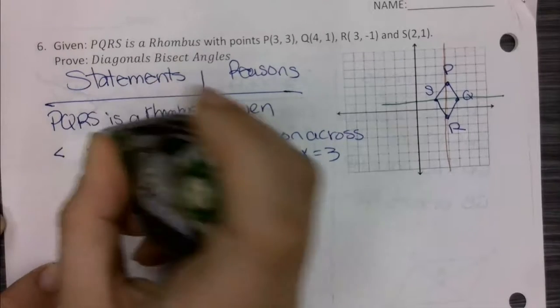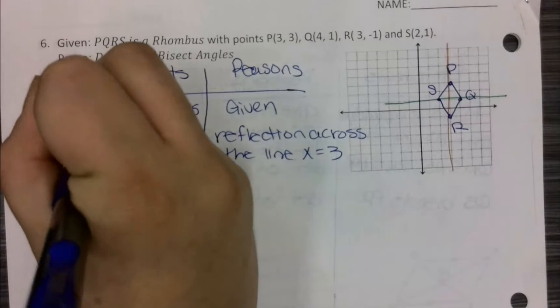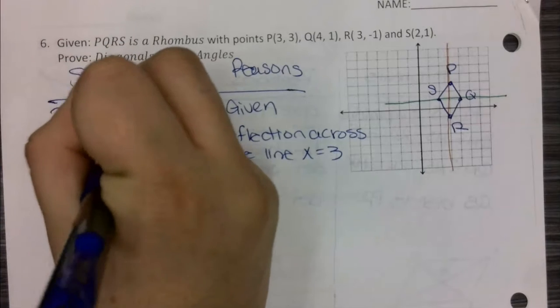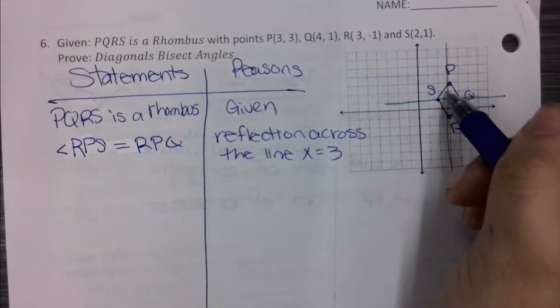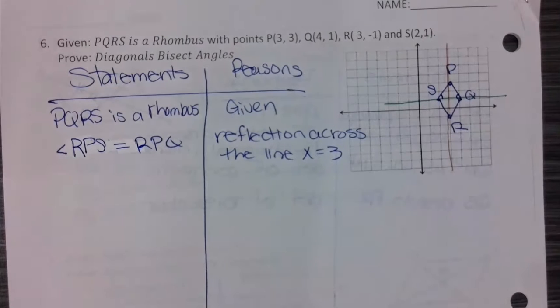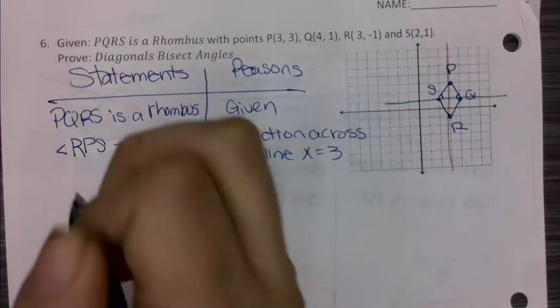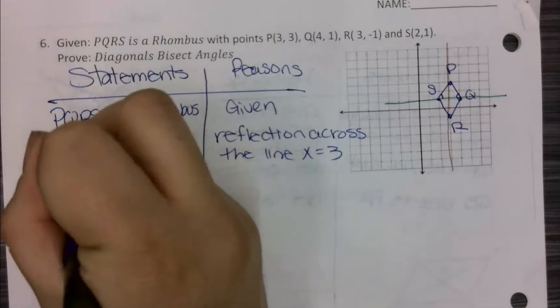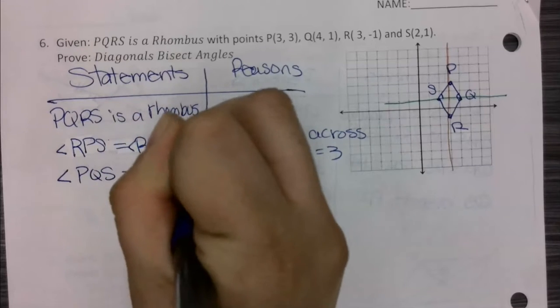I don't want angles S and Q, by the way. I want angle RPS and RPQ. So I want the little tiny angles, this one and this one. And then I want angle PQS and angle RQS.